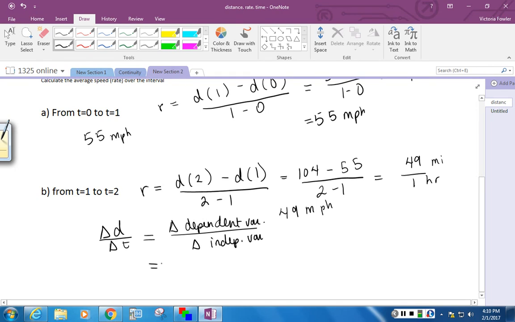And if we think back to most functions, that's just our change in y over change in x, which we used to write as y2 minus y1 all over x2 minus x1. And then hopefully you're recognizing this as slope, where we denote that as m.